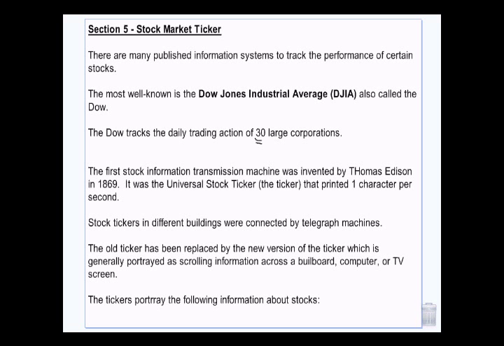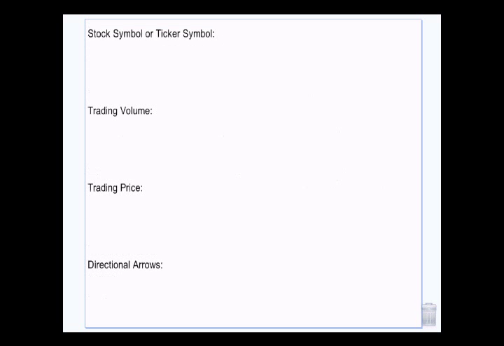Now, we've come a long way with technology, but the symbols have not changed. So now we have a digital tape, but it's the same symbols and everything. It used to be run by telegraph, and now it's billboards, computers, TV screens. And so we have some information on there, so we'll go over that real quick.